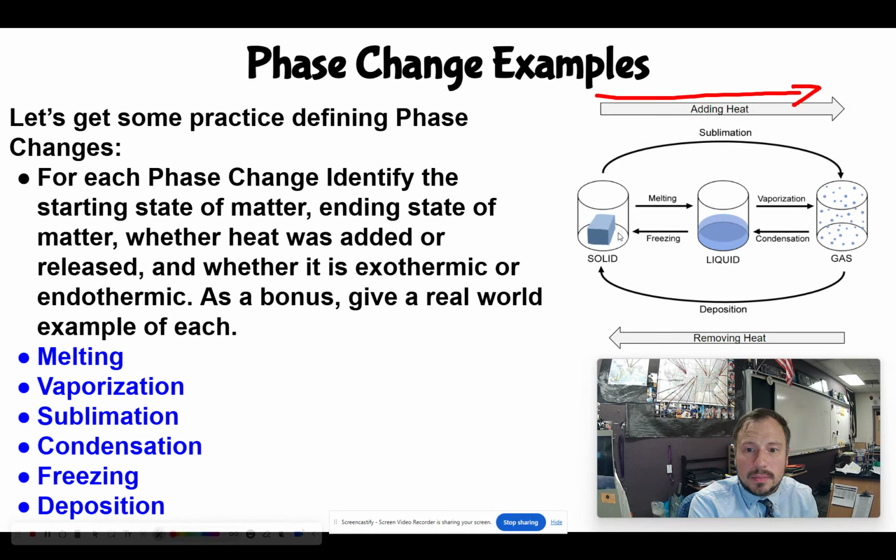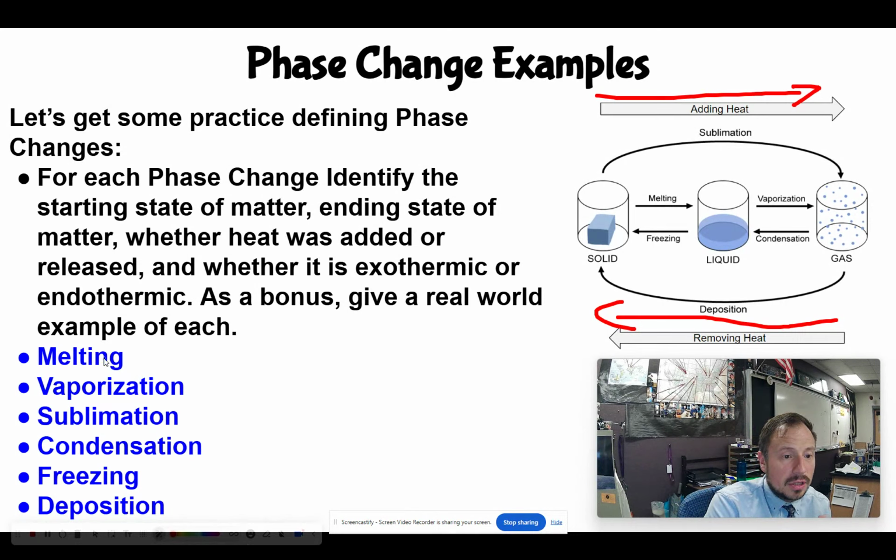It's like I put an ice cube on the stove. Well, heat is entering that. If it's going this direction, it is endothermic, right?